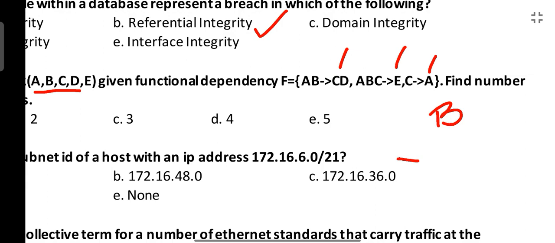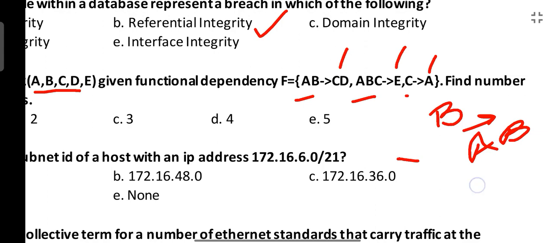Now with the given dependencies, see what B can derive. We know that B can derive at least B itself. Is there anything which B alone can derive? No. B cannot derive anything alone, so something needs to be added with B. Let's start with A. First write down AB. Now see what AB can derive.